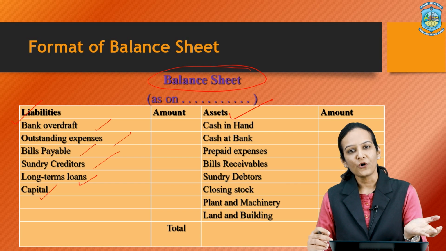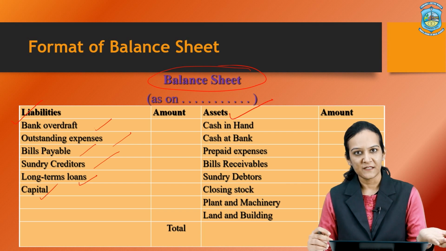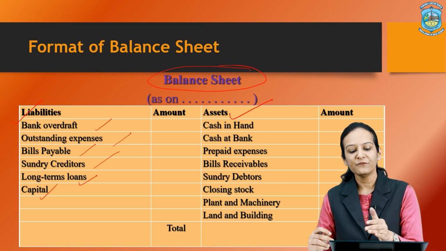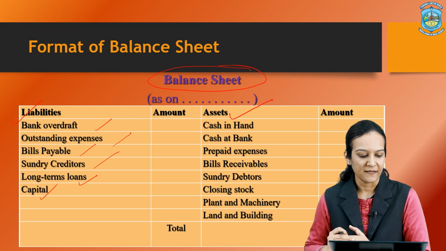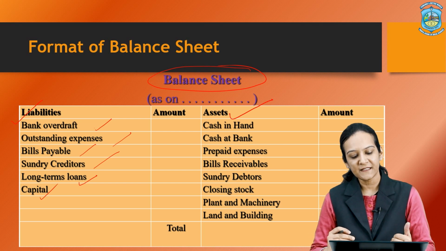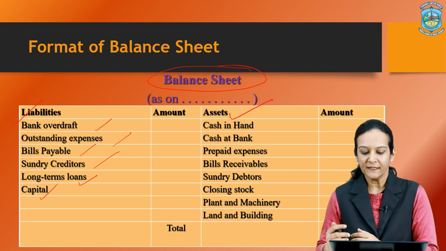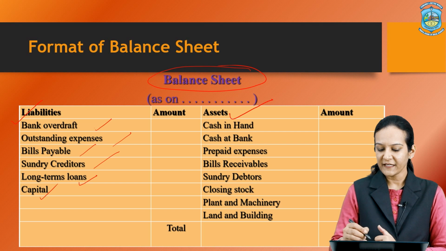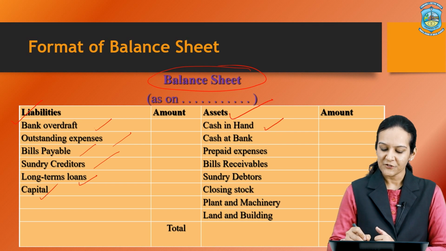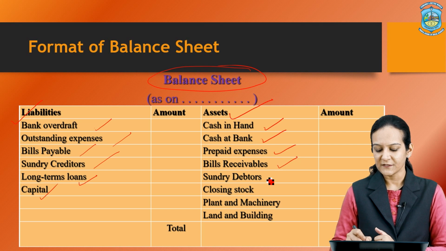And whichever order we are following at the liability side, the same order will be followed at the asset side as well. Like if we have started with the current liabilities, asset side will start off with the current assets. So current assets we have cash in hand, cash at bank, prepaid expenses, bills receivable, sundry debtors, closing stock.